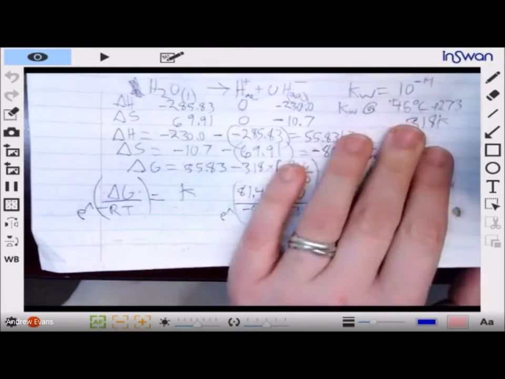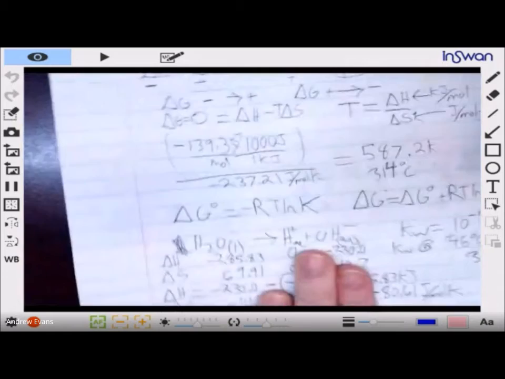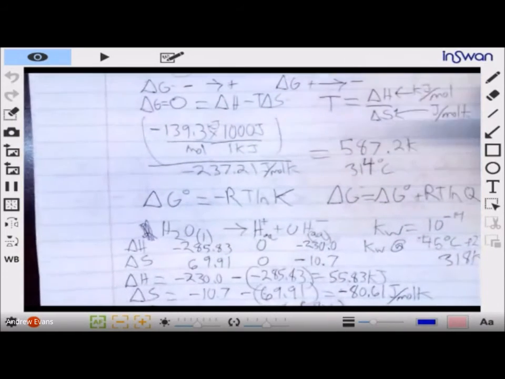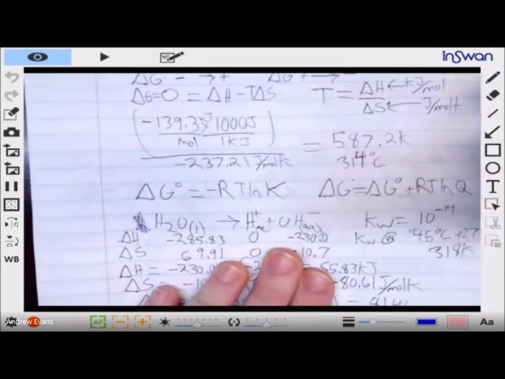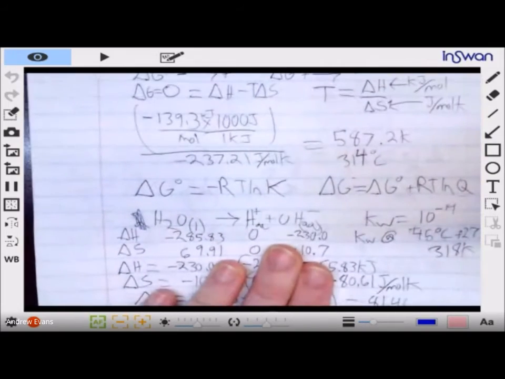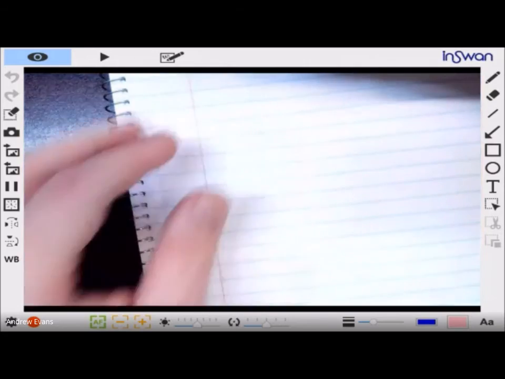Now, since we have a push-pull relationship already, we're essentially going to try to get back to equilibrium. So, for example, we said our delta G was 81.46.